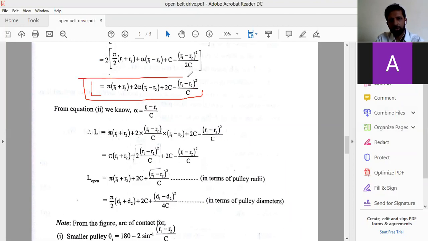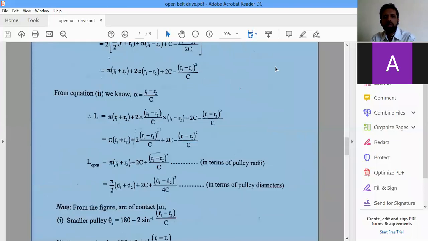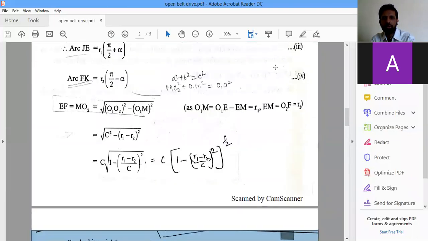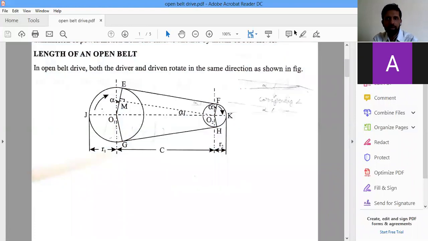So this equation is more than enough for us to find the length of the belt in the open belt drive system. This is all we have to know. So this is the derivation for the open belt drive. We'll stop here for today.